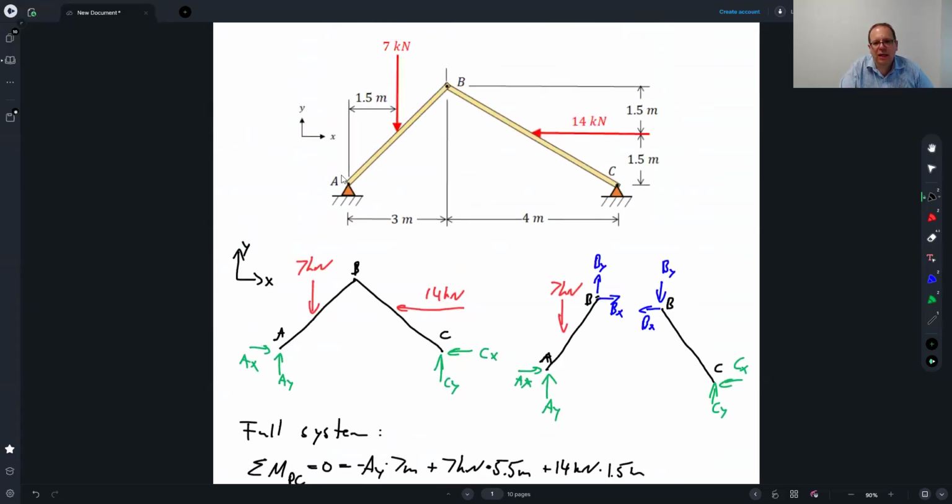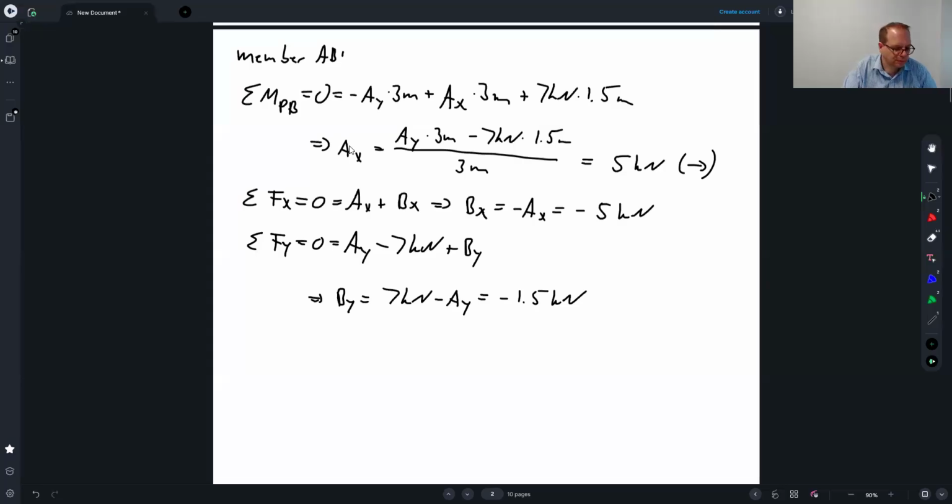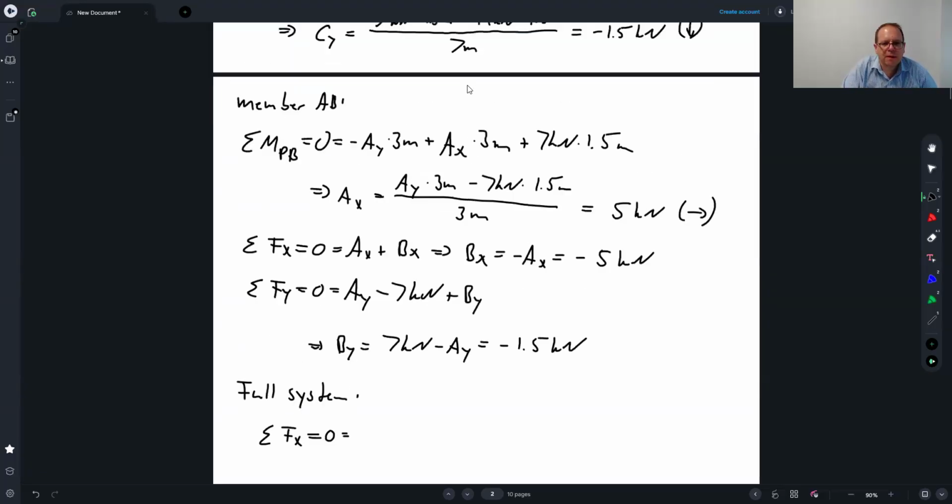Now I could go over and do the same over here to find CX, but I also can go back to the main one and look there, right? If I just do the X direction on the full system, then I can get my CX as well. So we're back to the full system. Sum of forces in the X direction equal to 0.